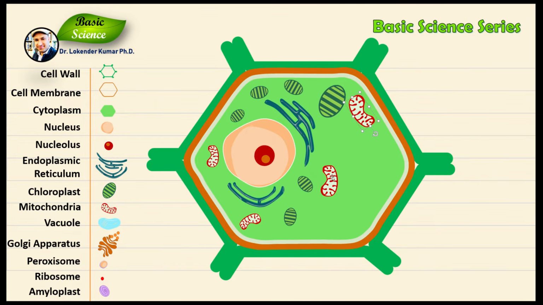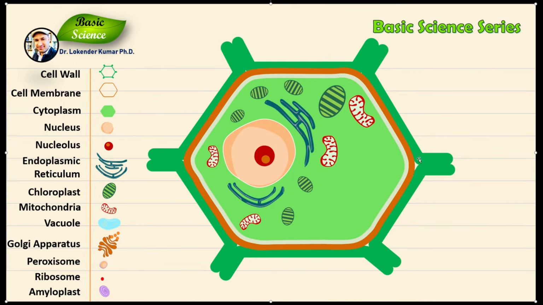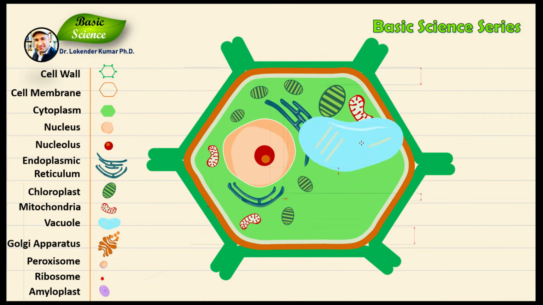Okay, so I'm leaving this space for one important reason, because there is a big structure present in this area. Most of the space inside the plant cell is occupied by this structure, that is a vacuole, right?